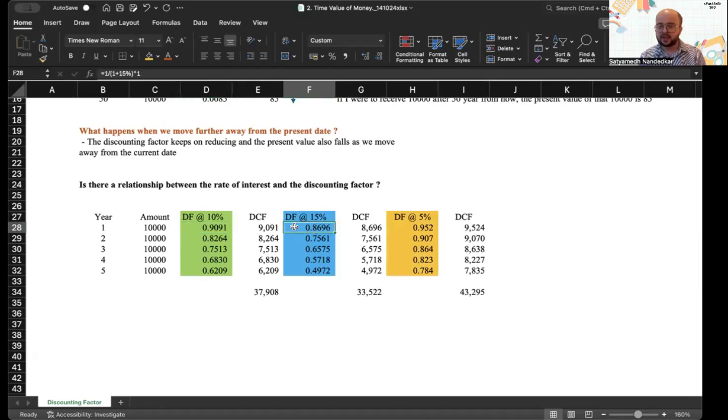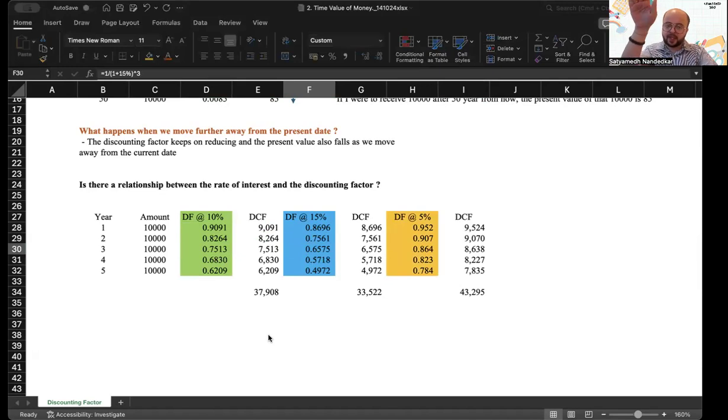Here it is 0.8696. For the second year, it is 0.8264. When the rate of interest is 15%, it is 0.7561. For year 3, it is 0.7513 for 10%, but for 15%, it is 0.6575. So as my interest rate has gone up, my discounting factor has gone down.